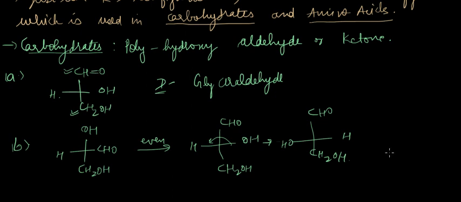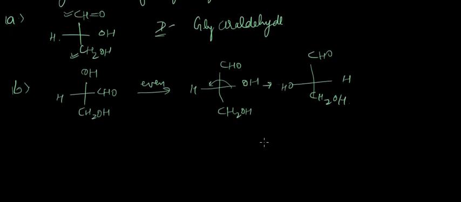So in this you can easily see that, as we have done in the R and S configuration, we will be doing something similar in D and L configuration as well. Okay, so now let us see how we actually calculate D and L configuration.